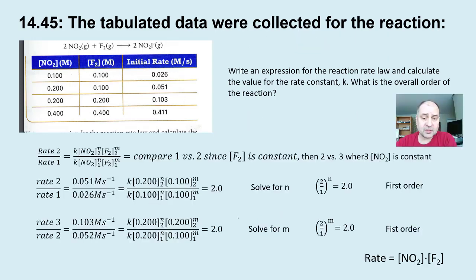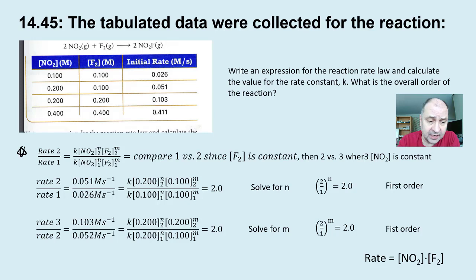You can solve this mathematically. In fact, we're going to do this in the lab for reactions asking you to set up these. But mathematically, it looks at rate 2 versus rate 1. And you can do this for any of the points, whether you're keeping one constant or not. But the math is just easier if you're keeping one constant. Rate 2 versus rate 1 is going to be equal to the rate expression to some power n and m times the concentration, right?